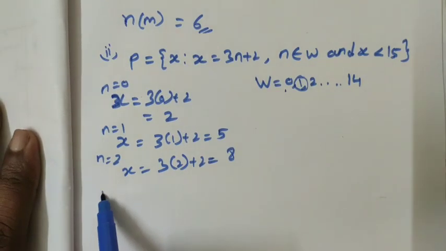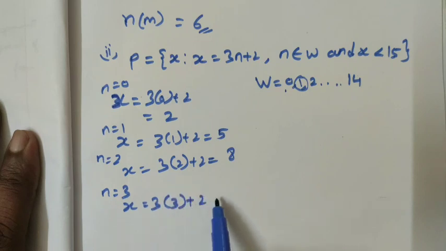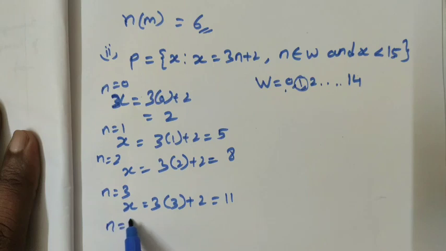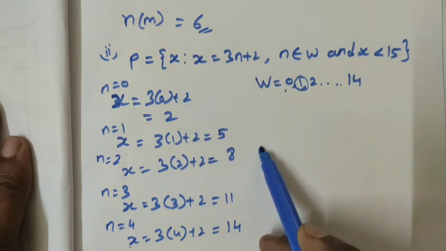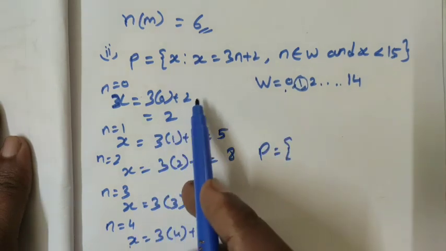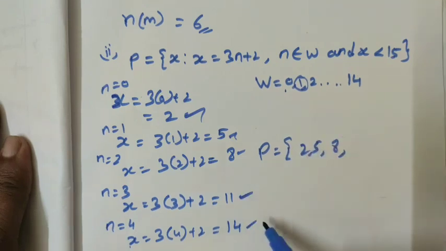When n is equal to 3, x is 3 threes are 9, plus 2 is 11. When n is equal to 4, x is 3 times 4 plus 2, 3 fours are 12, 12 plus 2 is 14. So, the condition is that the x value is less than 15. So, P is equal to the set 2, 5, 8, 11, 14.